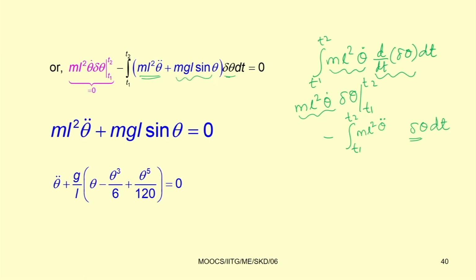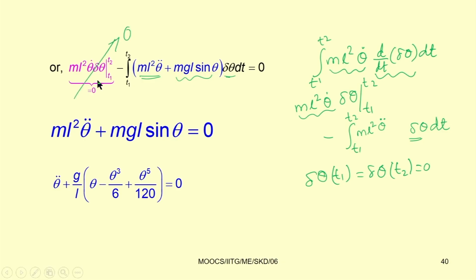Now already we know that delta theta at T1 equals delta theta at T2 equals 0. So, this part tends to 0.